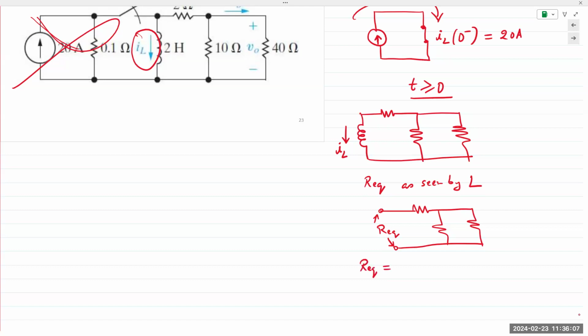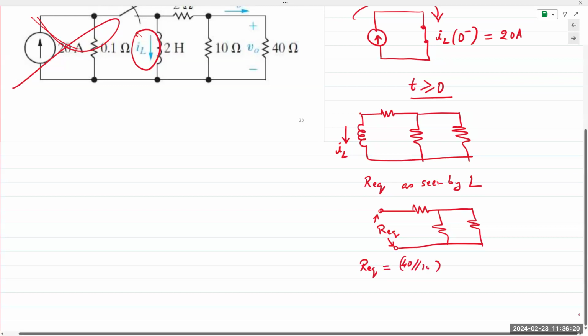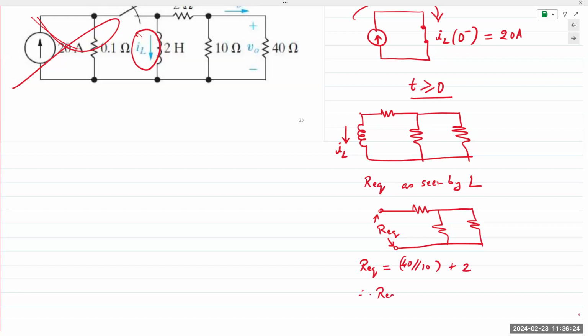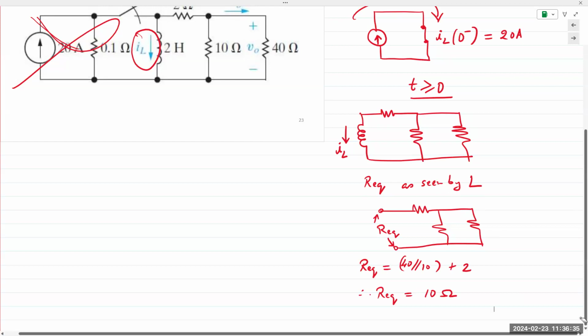So Req in this case is 40 in parallel with 10, plus the 2 ohm resistor. The Req is 10 ohms.